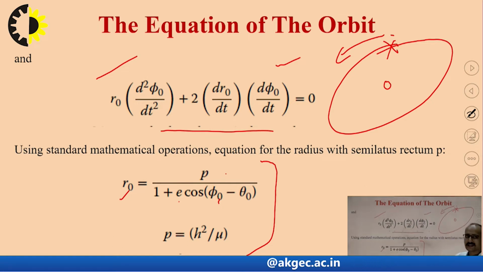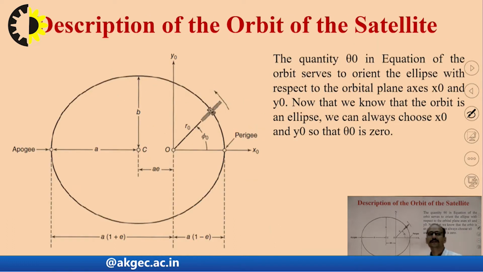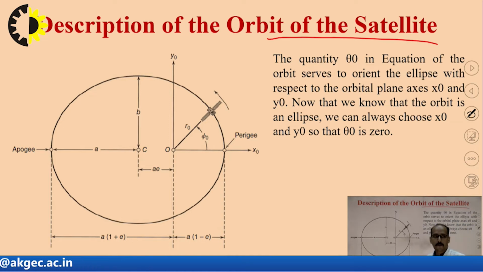This equation gives us only the equation of the orbit, but right now we are going to describe the orbit of the satellite. As per Kepler and Newton's laws of motion, you can easily identify that a smaller body always rotates around a larger body in an elliptical path.